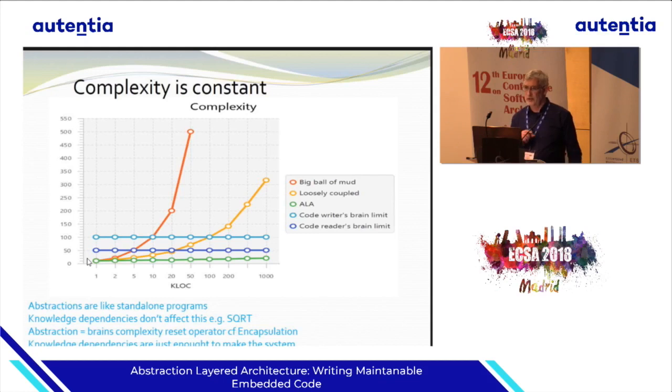They're all just like separate programs. But what about the knowledge dependencies, you said? The only dependencies that were allowed in this architecture are between abstractions. Well, it turns out that the way the brain works with abstractions, a knowledge dependency on an abstraction doesn't increase the complexity.